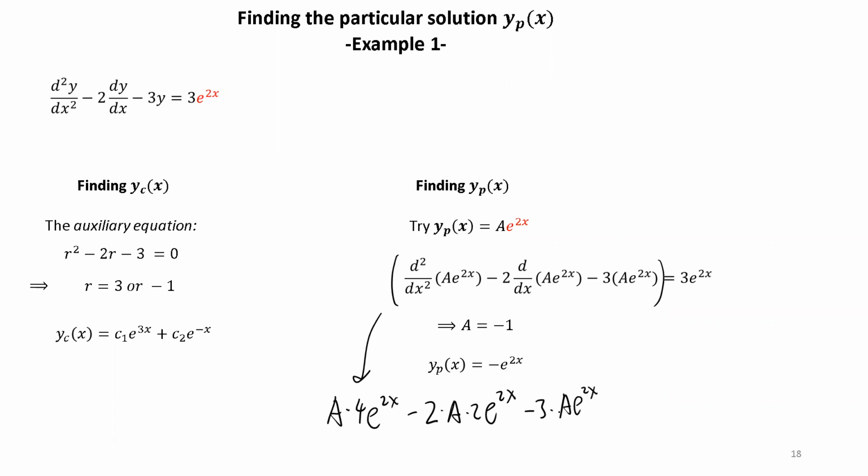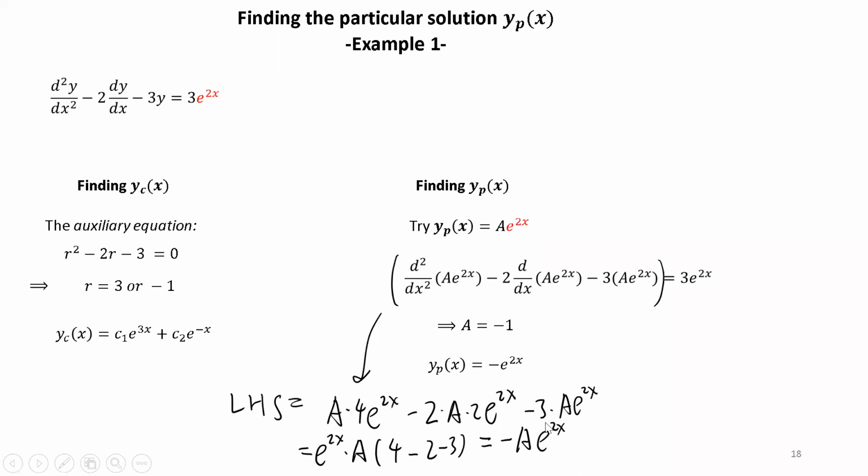So then these three terms, of course, what you do is to take the common factor out. The common factor is e to the 2x. And also a is a common factor. So a, and then what you have is 4 minus 2 minus 3. So that is equal to minus a e to the 2x. So this is what I have on the left hand side. And then right hand side is 3e to the 2x.